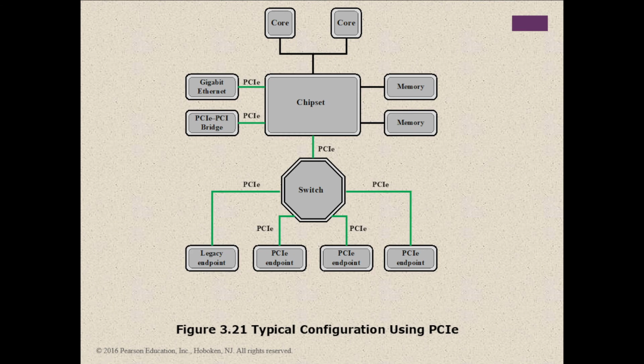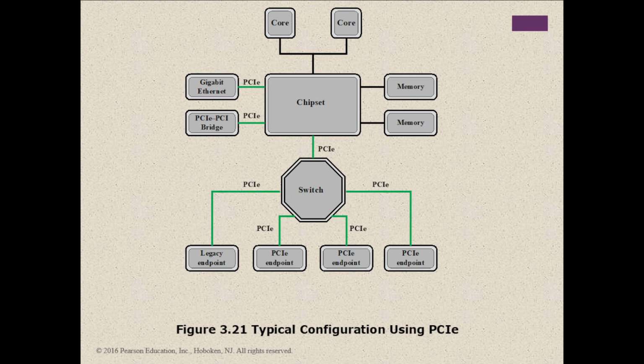Legacy endpoint means it services older devices using instruction sets or operations that are similar to the older PCI. Then we have the PCIe to PCI bridge, which allows older PCI devices to be connected to PCIe based systems.